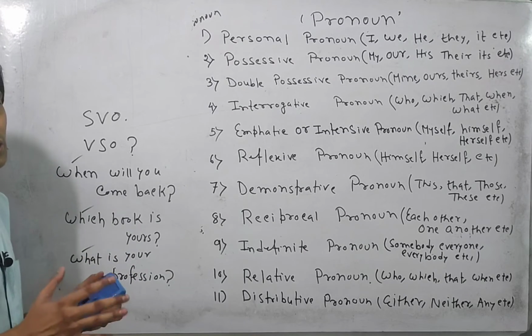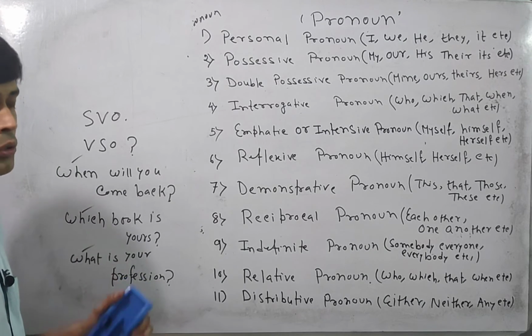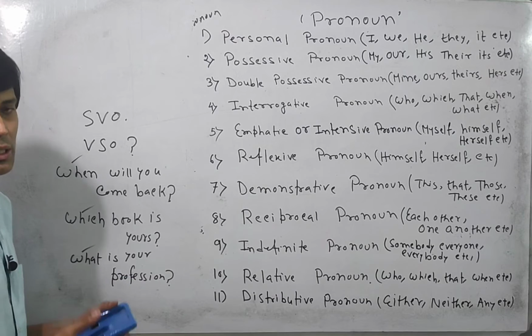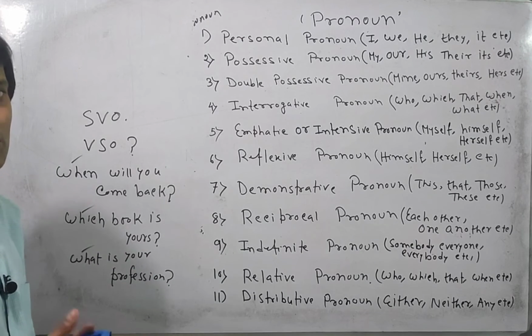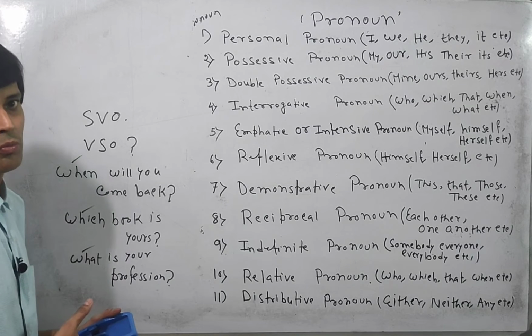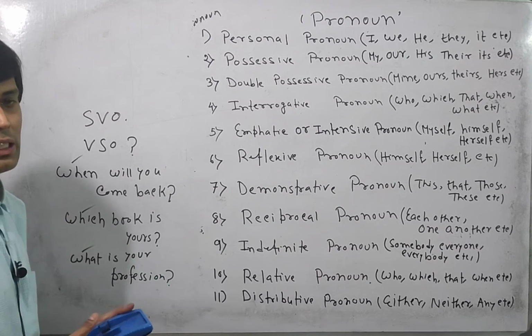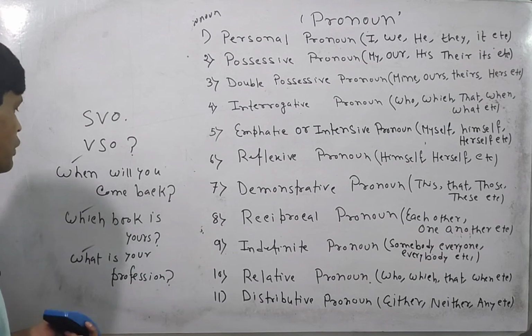That means VSO format, not SVO format. If you follow the SVO system, then it will be a statement, not a question at all. But while forming an interrogative sentence, you have to follow the interrogative format. This means the VSO order.